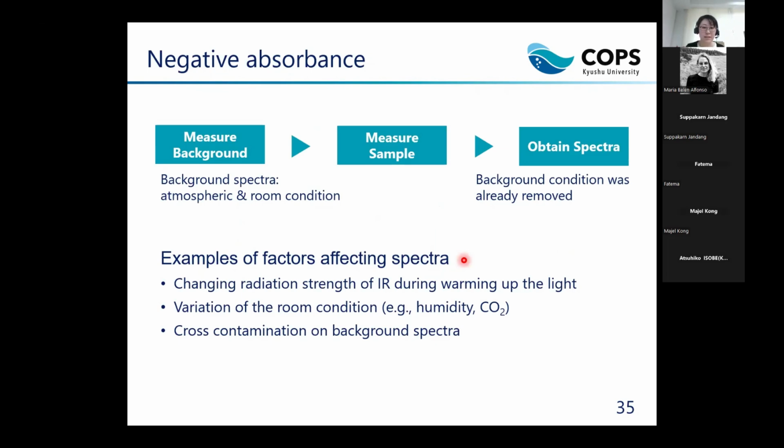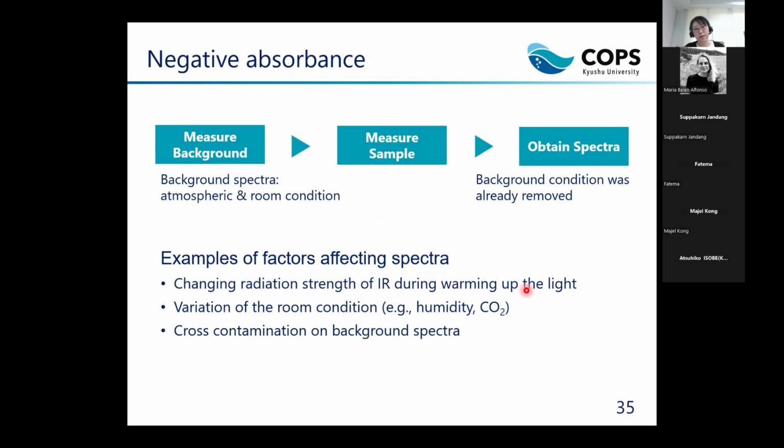There are a lot of factors that affect the spectra. For example, changing radiation strength during the warming up of the light. For example, you measure the background. I mean, atmospheric condition, room condition.